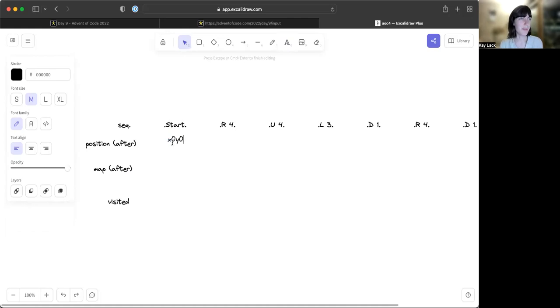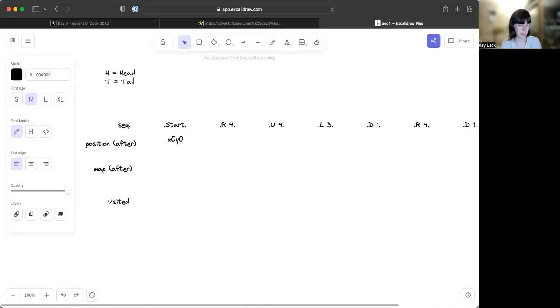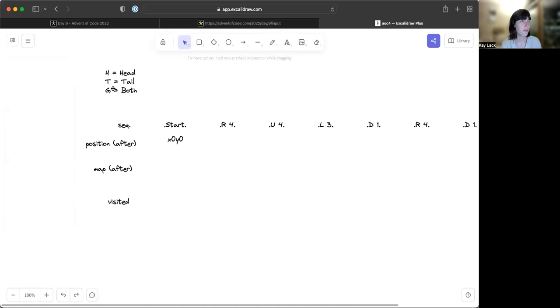Let's call it that. And then the map itself is going to be head. We can't visualize when head and tail are on top of each other. So let's say head equals tail, both.